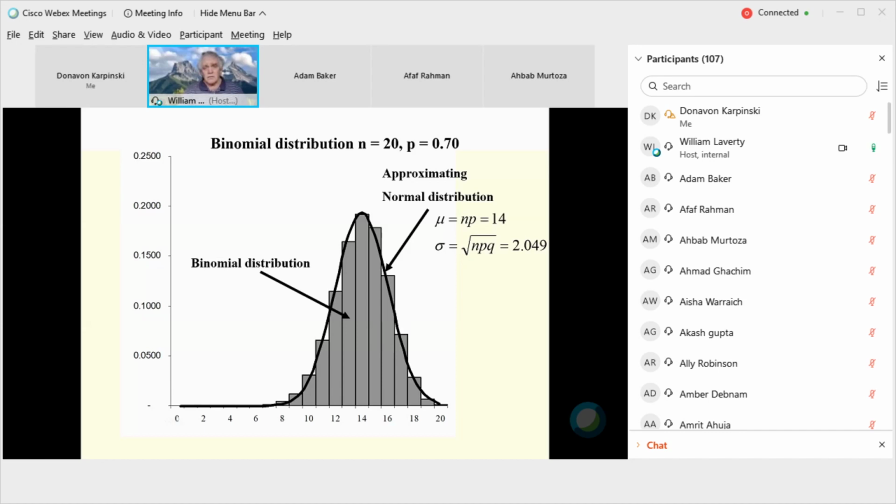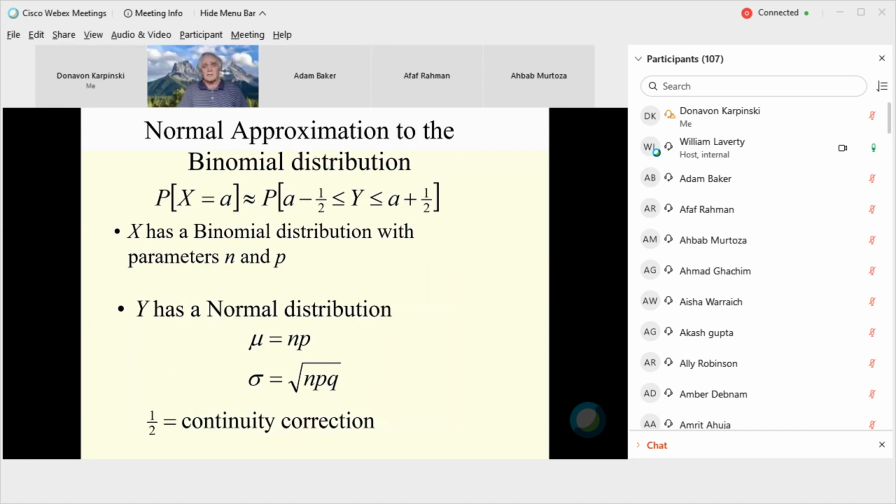So there's the formula for approximating binomial probabilities by the normal distribution. X has a binomial distribution with parameters n and p.